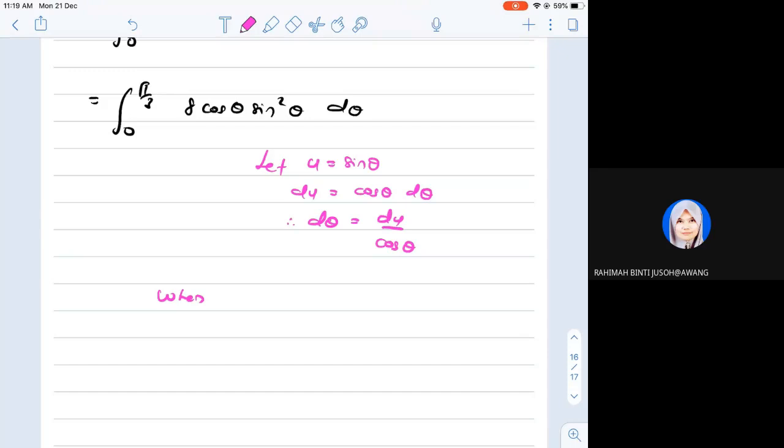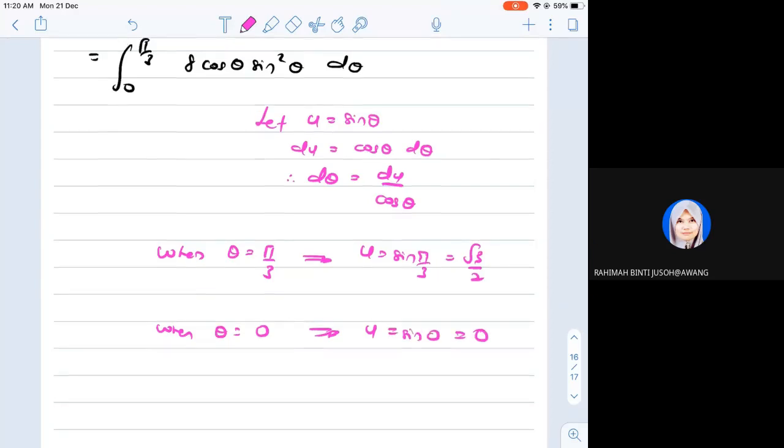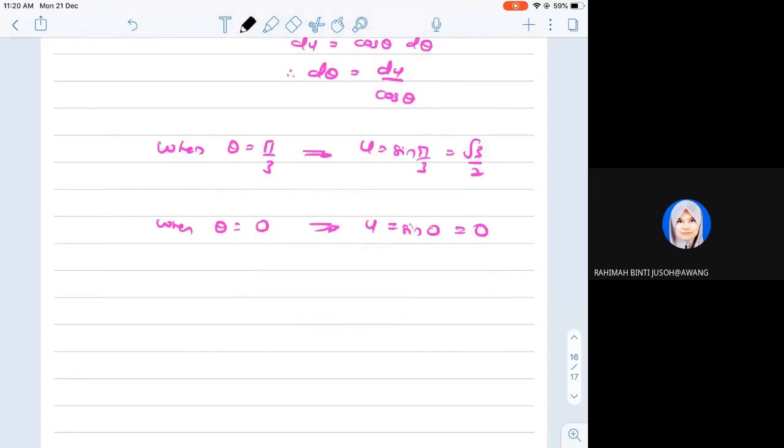When theta equals pi over 3, u equals sine pi over 3, which is sine 60, square root 3 over 2. And when theta equals 0, u equals sine 0 is 0. So we can change this integration into from 0 until square root 3 over 2.